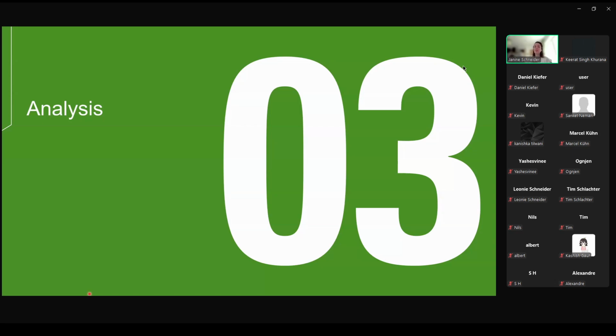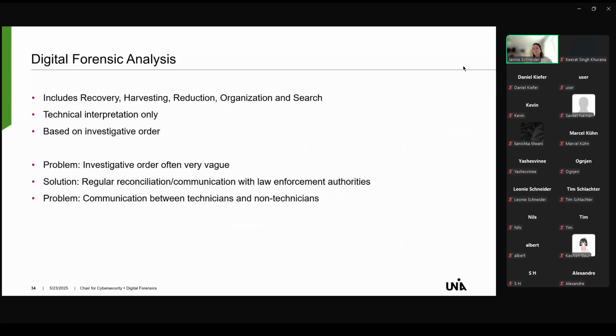Okay, we managed to talk about the investigative process model and preservation phase. I don't know if I am able to finish all the slides today, but we'll see. Okay, let's go on to the analysis phase.